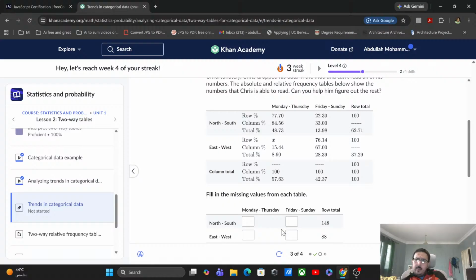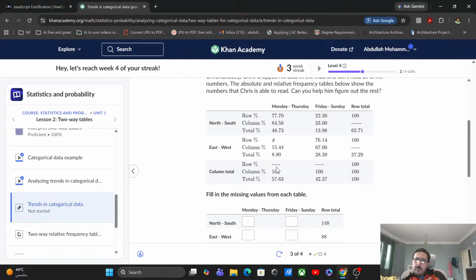Fill in the missing values for each table. This one, 100 minus 67.14, will get the X. Only the X is missing because this is a row.